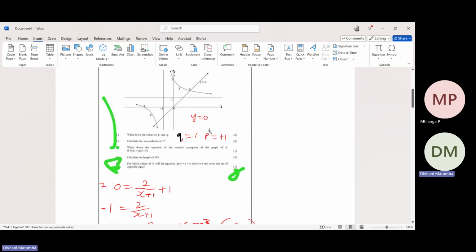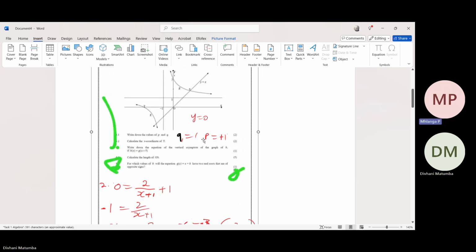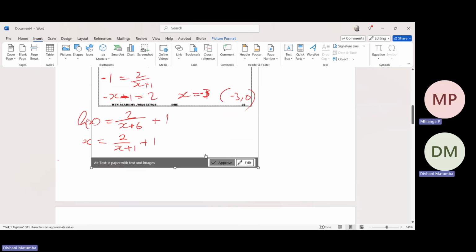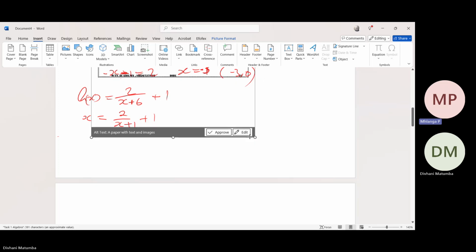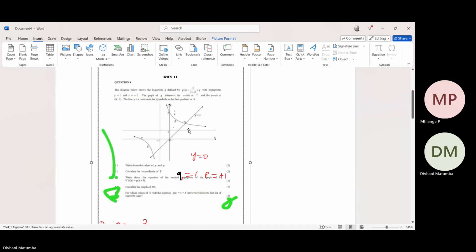We are doing this one, calculate the length of OS. Oh, okay. OS is from the origin to the point of intersection.